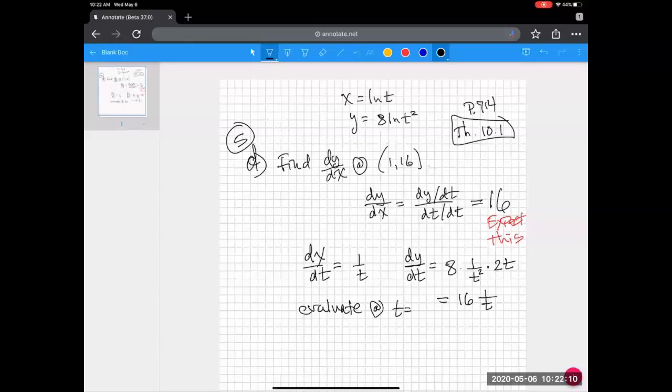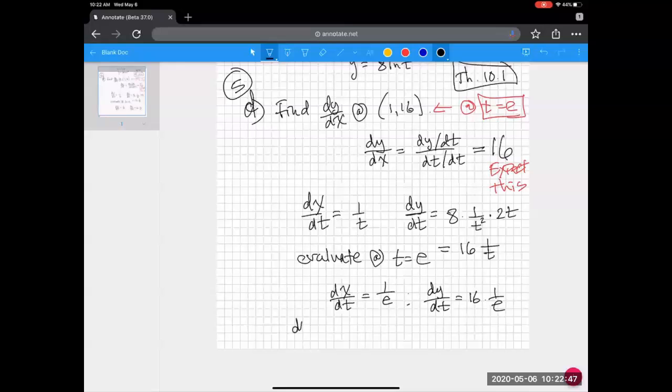How do we come up with the point at t? I'm going to remind us that this point was at t equal to e. When t was equal to e, that's how we found the point (1, 16). So at t equal to e, dx/dt is equal to 1 over e, and dy/dt is equal to 16 times 1 over e.